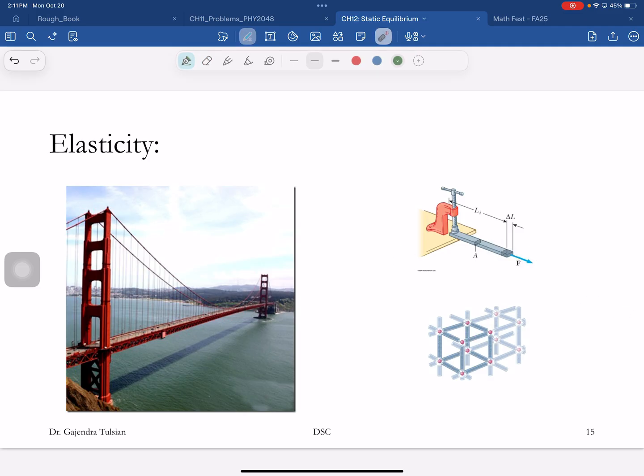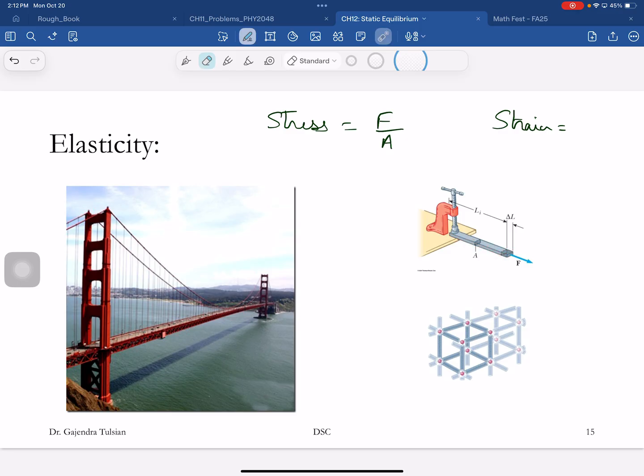In this case, stress would be this force divided by the area of cross section. Because stress is the force per unit area. Okay. And strain is defined as the percentage deformation. Okay. So in this case, the rod stretched that much divided by the length of the rod.